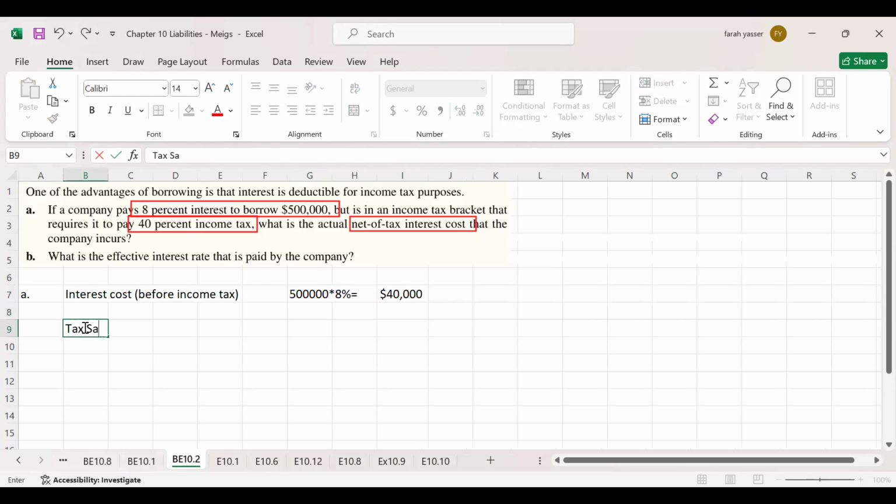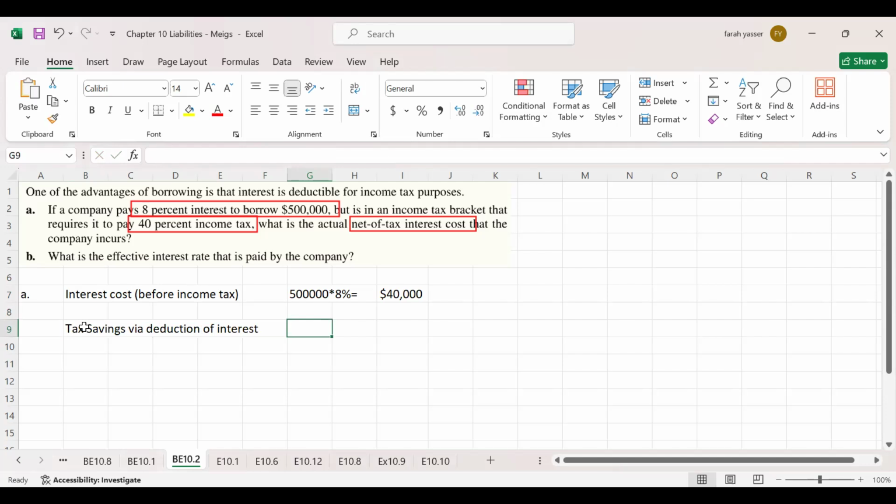Now, the tax savings via deduction of interest. The income tax rate is 40%, so 40% will be saved.